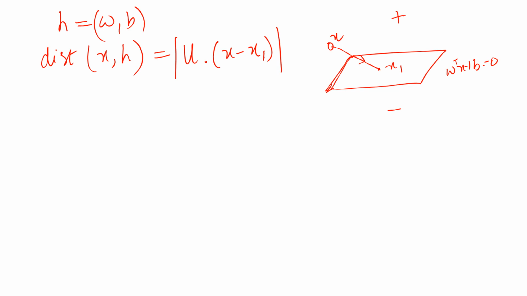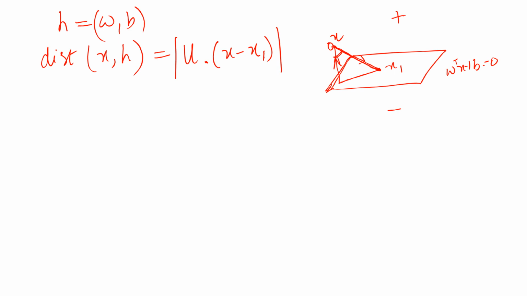This is a vector whose length can be found by taking the dot product with the unit normal, and the dot product takes care of the angle because it involves the cosine between these two vectors.